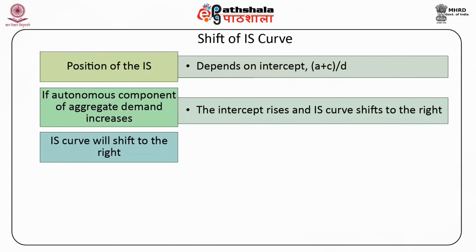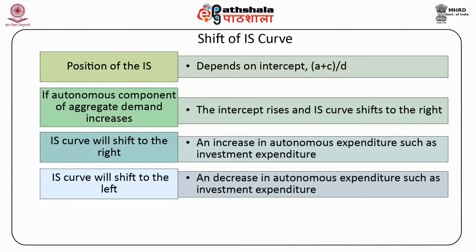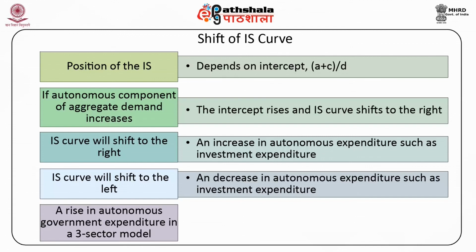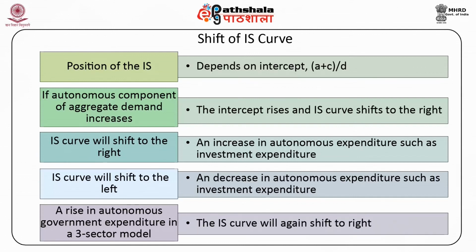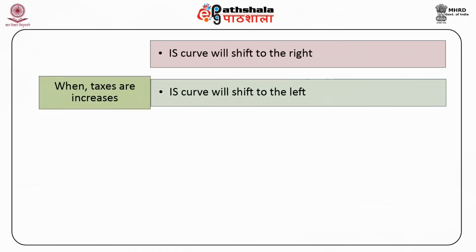The IS curve will shift to the right when there is an increase in autonomous expenditure such as investment expenditure. A rise in autonomous government expenditure in a three-sector model will have the same effect, and the IS curve will again shift to the right. The IS curve will also shift to the right when taxes are reduced.